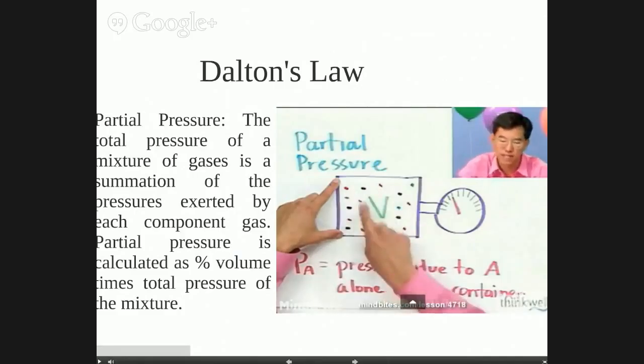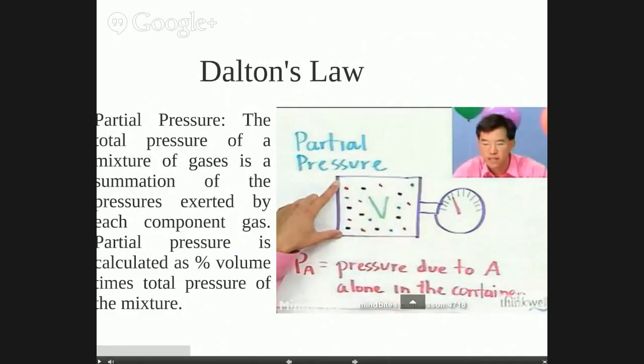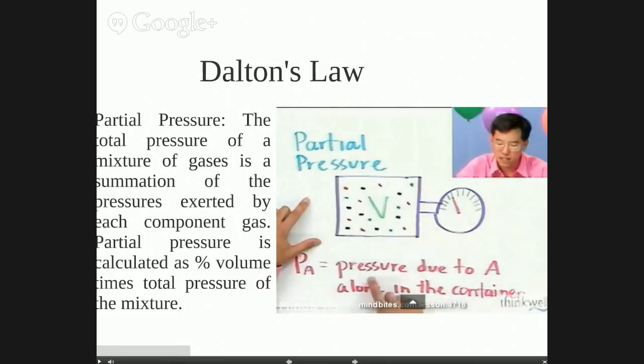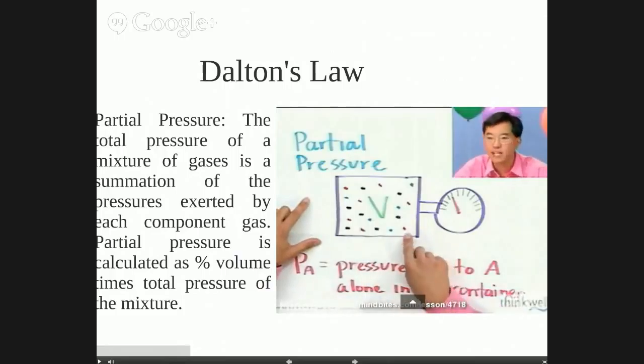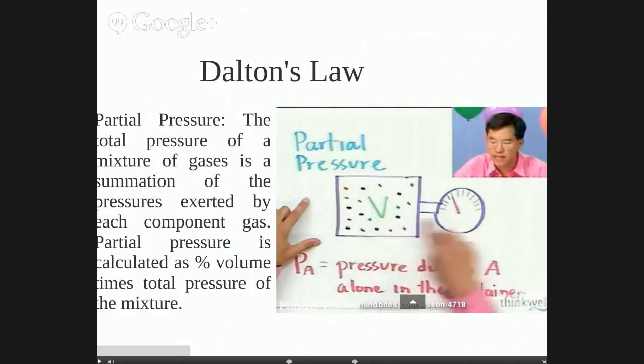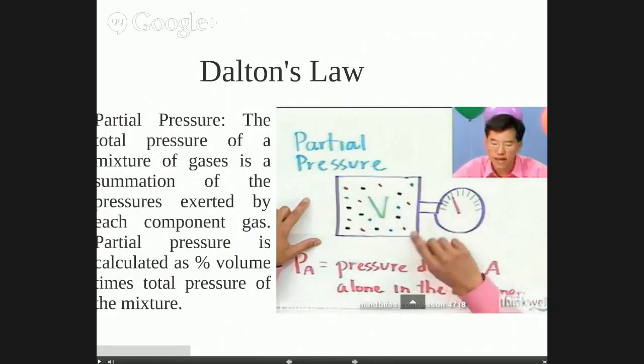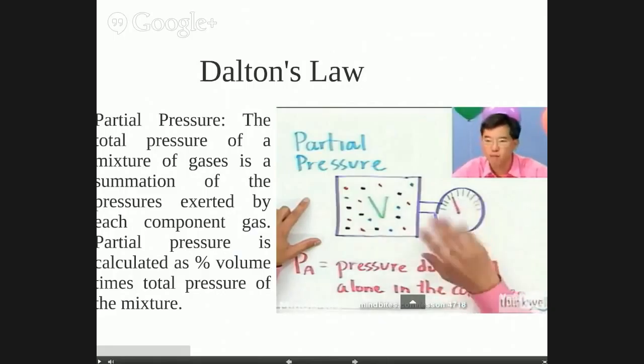So we've got some red dots and we've got some blue dots. What I want you to think about is, suppose we took everything out of the box except for the red dots. So we have a quantity of gas A in the volume V, and we can measure with this pressure gauge the pressure due to A just in the box all by itself.